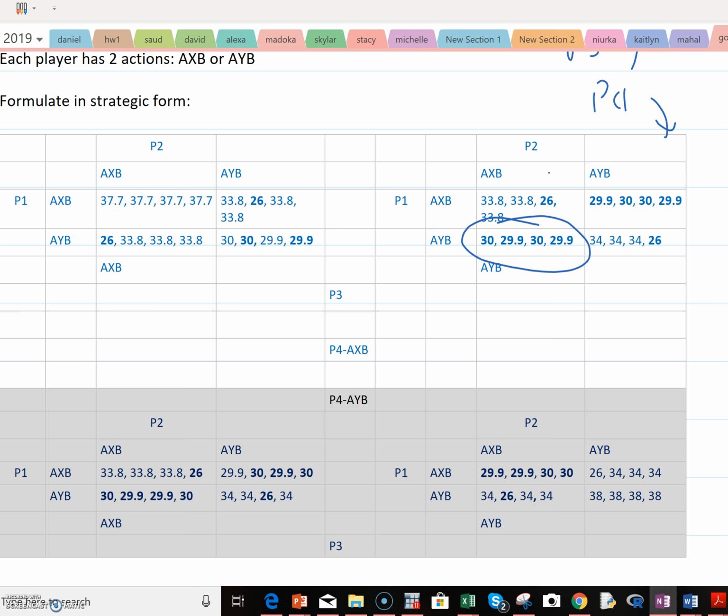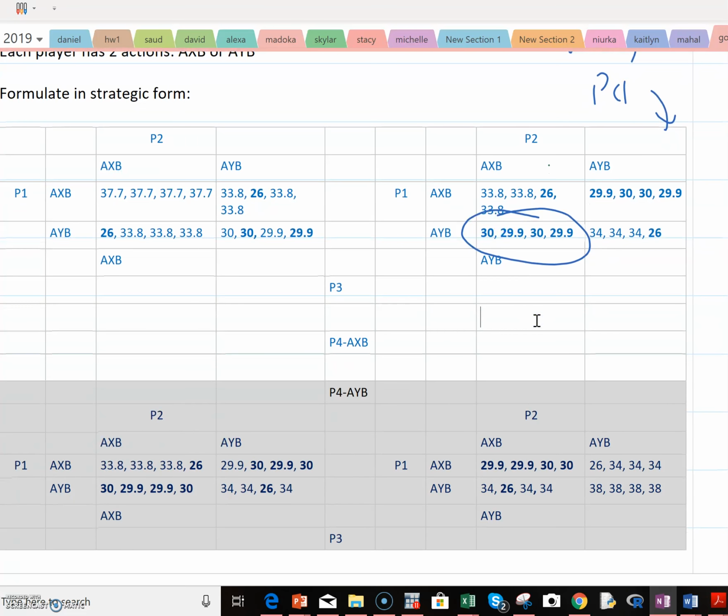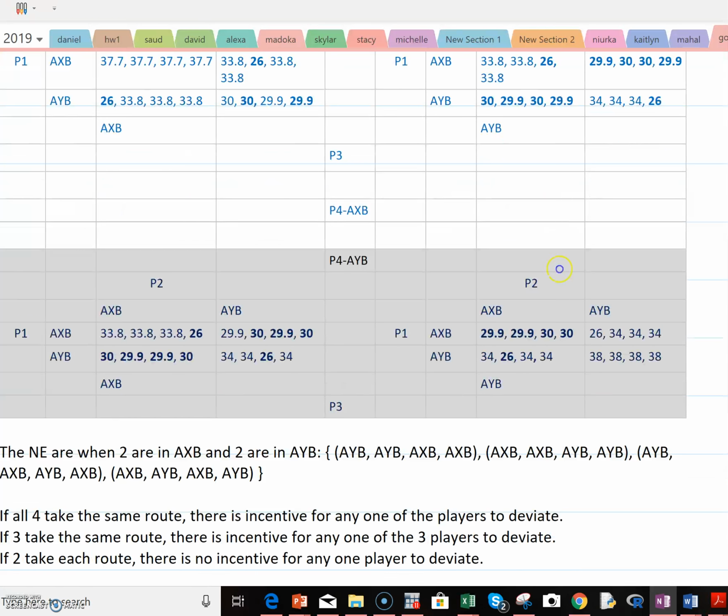There's no incentive for anyone to deviate because if player 1 deviates to AXB, he'll be getting 33.8. If player 2 deviates, he'll be getting 34 instead of 29.9. So there's no incentive for anybody here to deviate. There are a lot of numbers here, and you have to go through all of them.